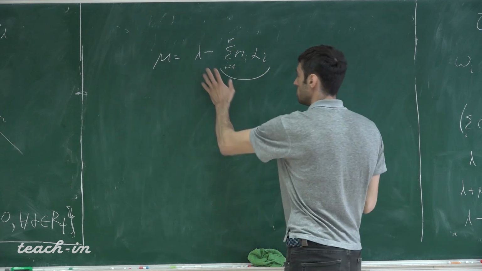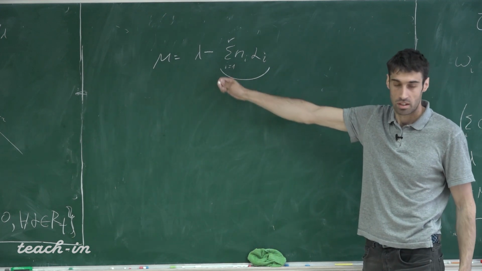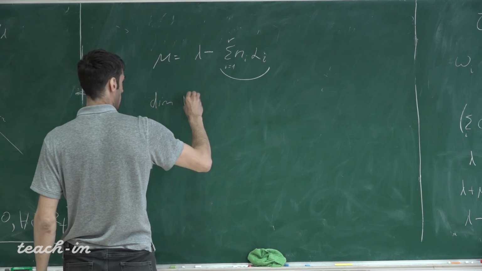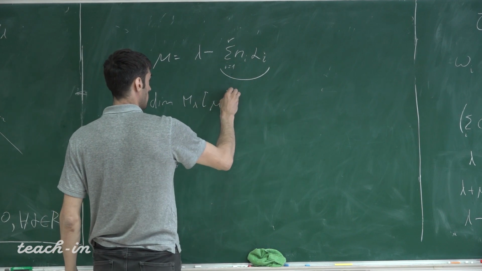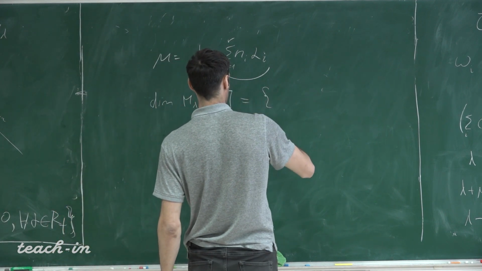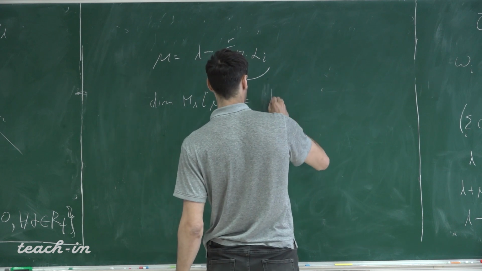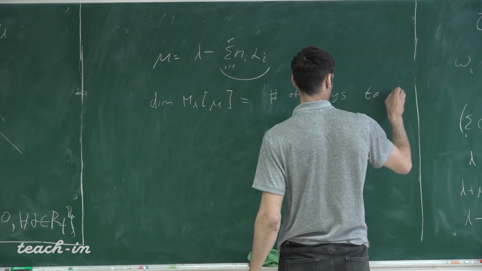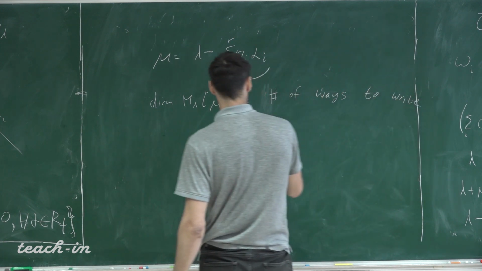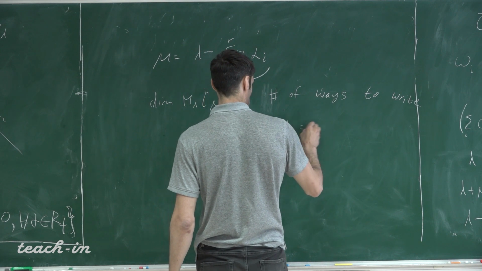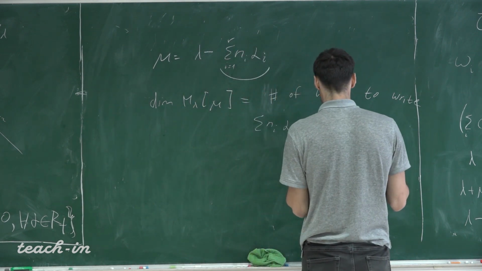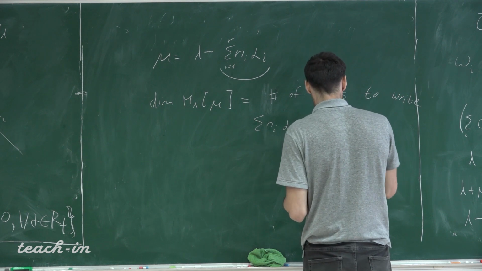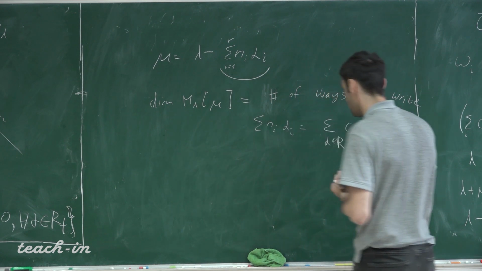We forget about mu and lambda, take this sum, and the dimension of M lambda mu is actually exactly the number of ways to write the sum of n_i alpha_i as a sum of c_alpha alpha, where alpha is any positive root.